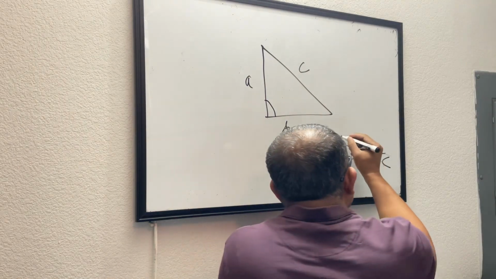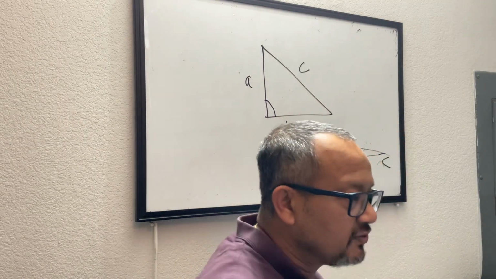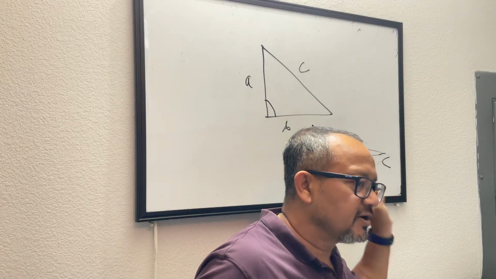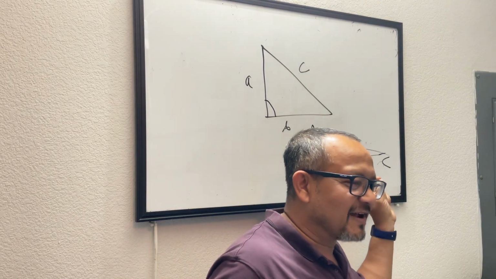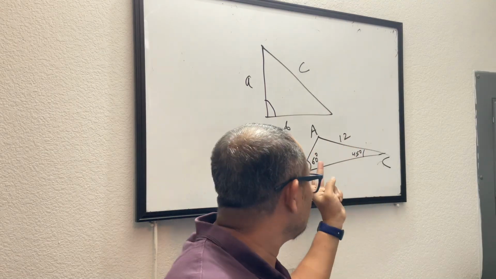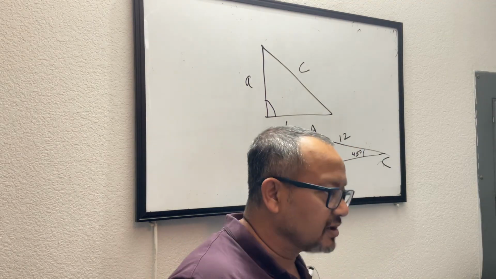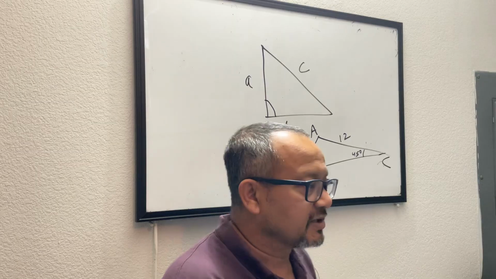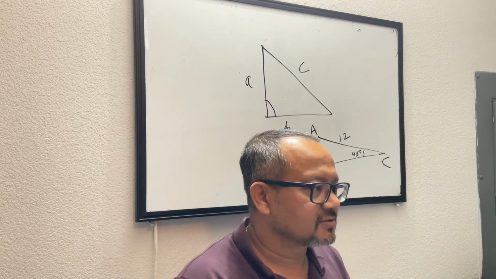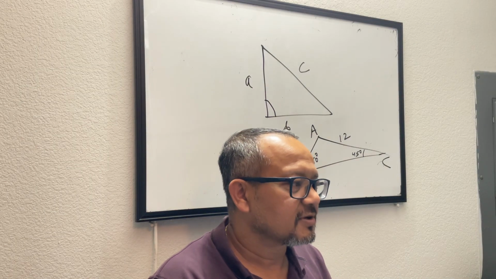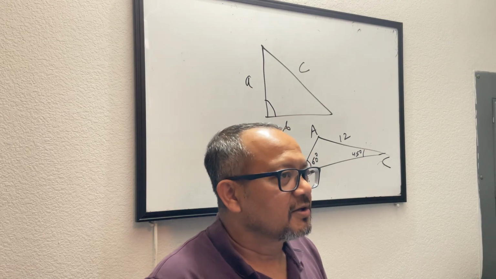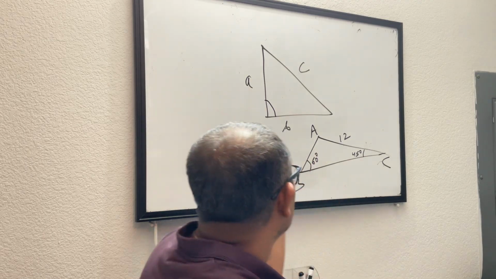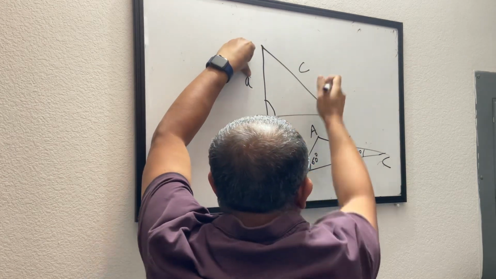I know this side is 12 centimeters. If I leave you guys here, you have a triangle which is not a right angle triangle. You know two of the angles, you can find out the third angle. You know one of the sides. Can you find the other two sides? And the answer would be no, because this is what we know about right angle triangle. You know two sides, you can find the third side.